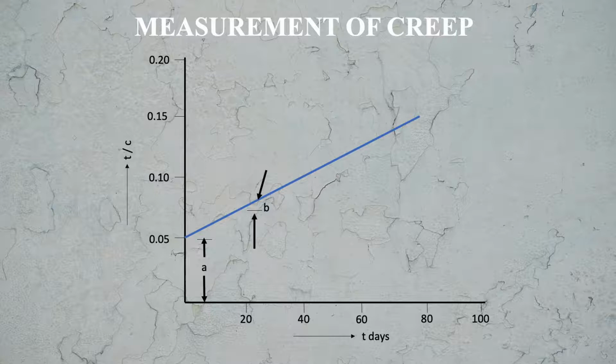You can see this graph. On the x-axis you see the time T in days, and on the y-axis the ratio of T by C. And with increase in time there is an increase in the T by C ratio. And the slope of this line will give us the value of B, and the intercept A is given here on the y-axis.